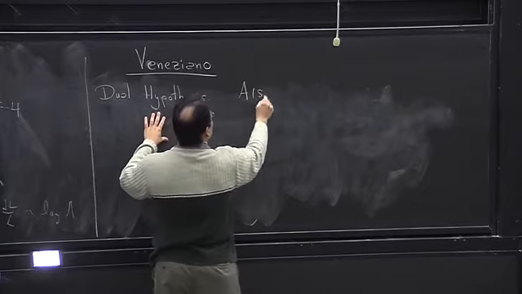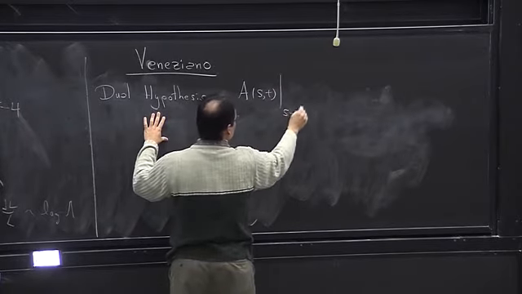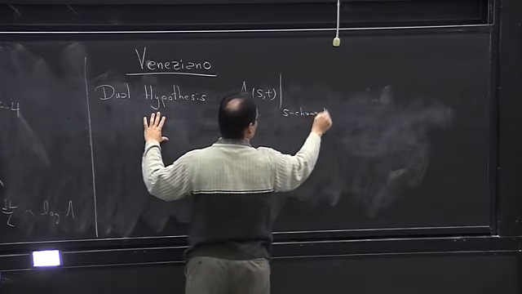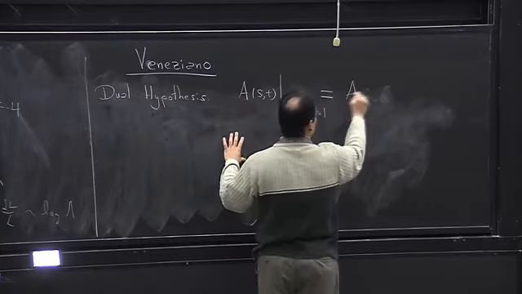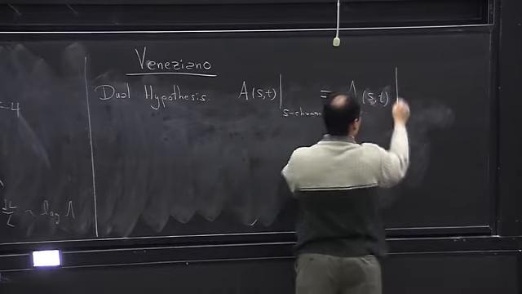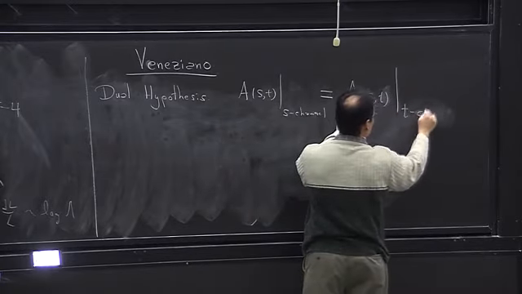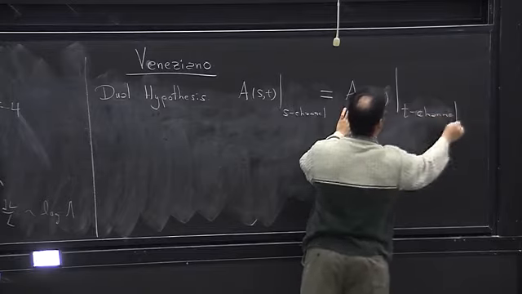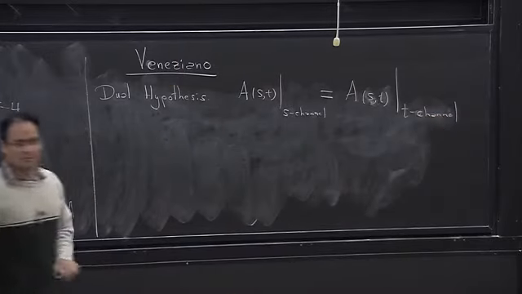And the dual hypothesis is that this object in the S channel has to be equal to the same object in the T channel of the same amplitude, exactly as I defined it there.